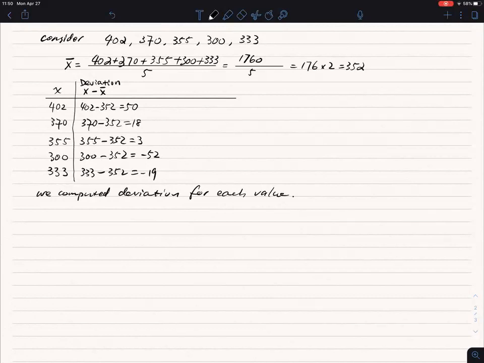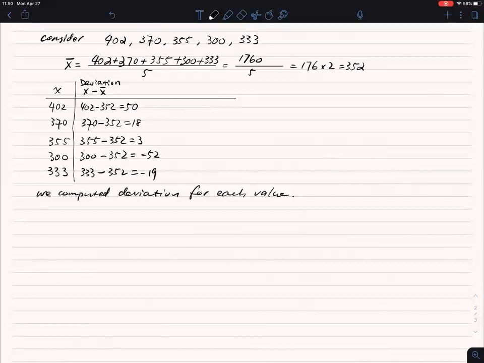Then what do we see? We see that the deviation of each value does not give us a good idea of dispersion. It just tells us the distance between each value and x bar, which is the mean, right?